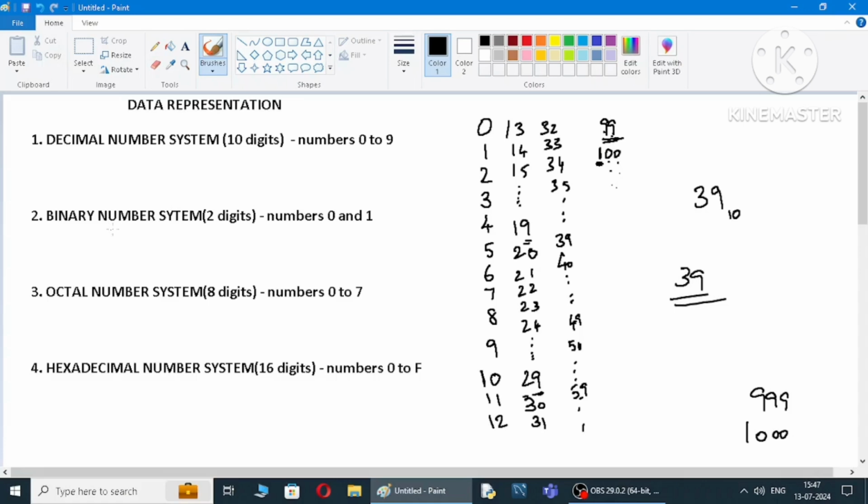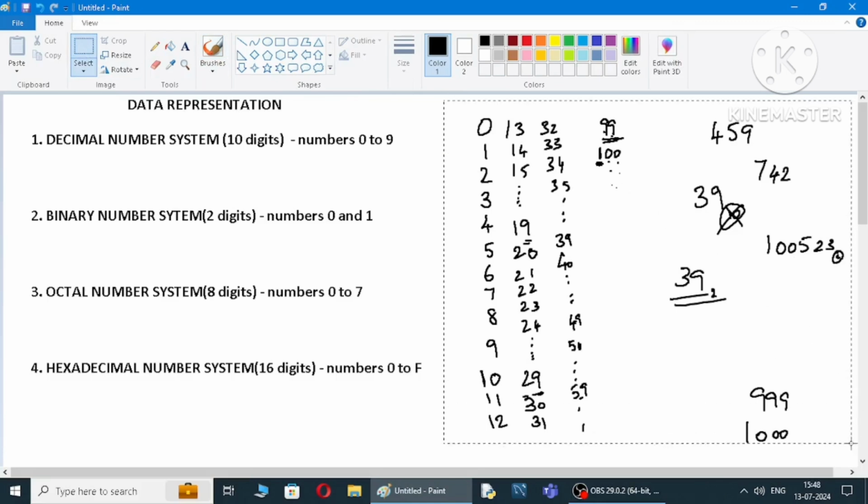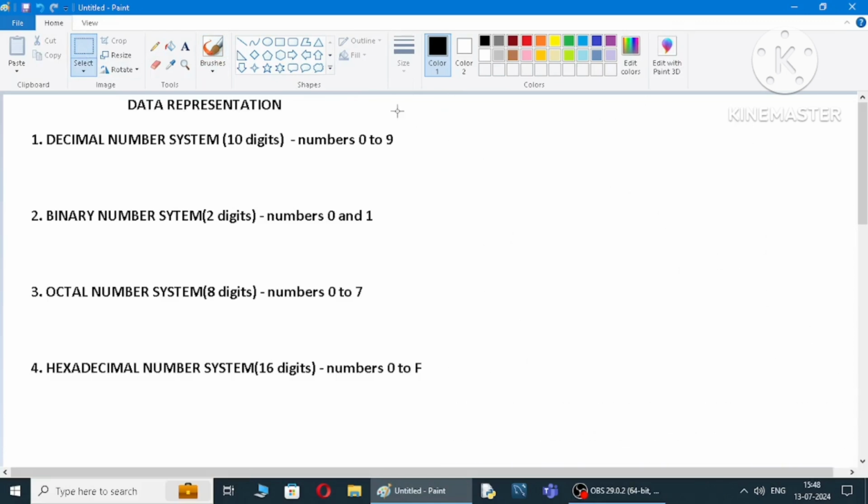Only for binary, octal and hexadecimal, it is a must that you put the radix. For decimal number system, this is not mandatory. Any number, for example 459, 742, 1 lakh and 523, that is written without a radix is considered as a decimal number. So you need not mention the radix, that is the base, in the number.